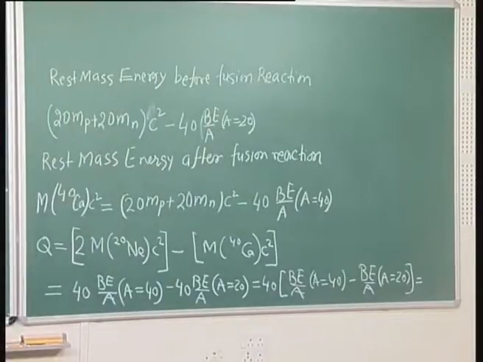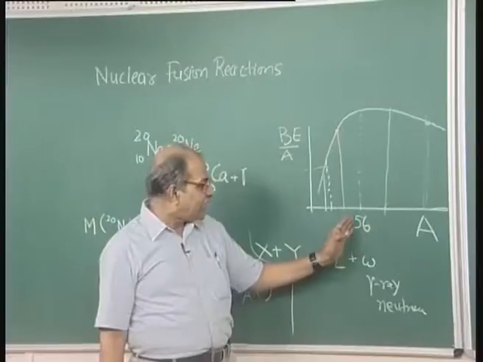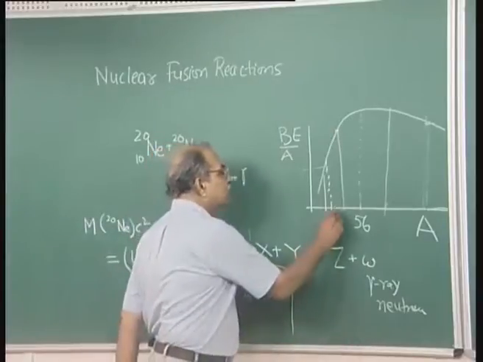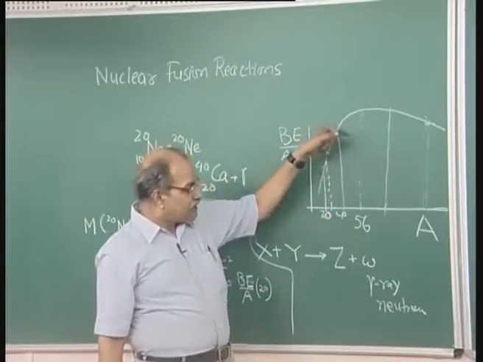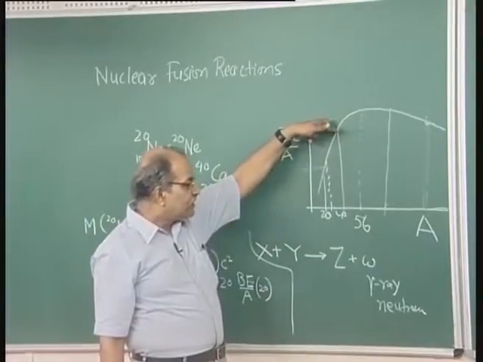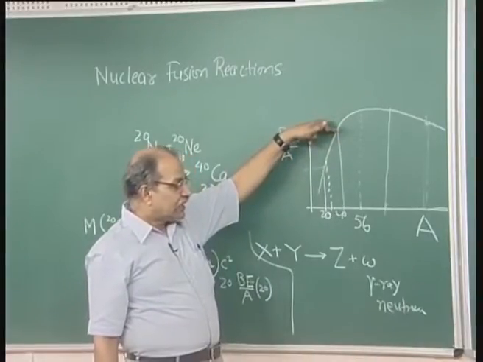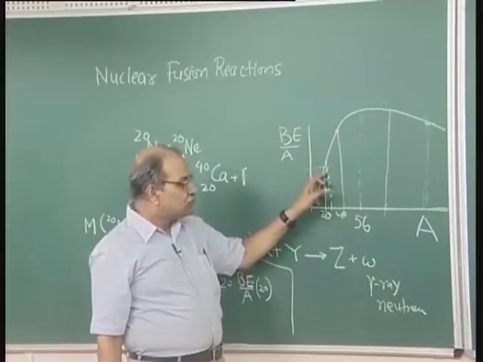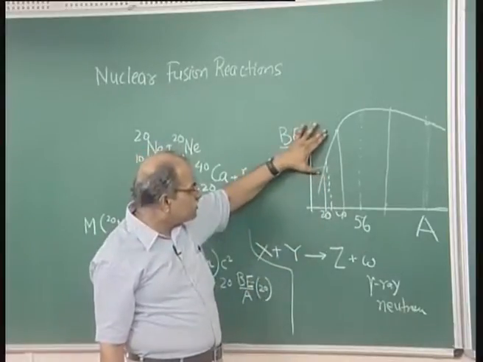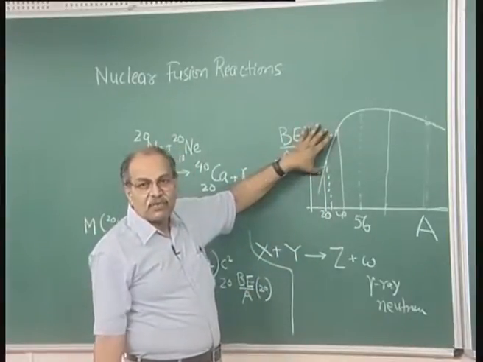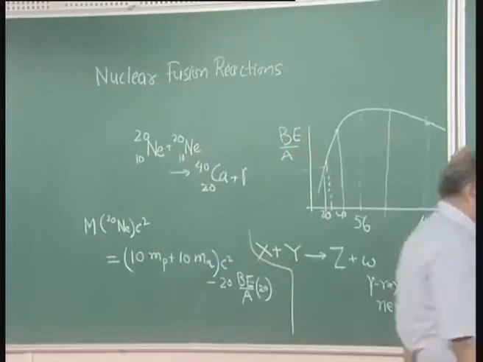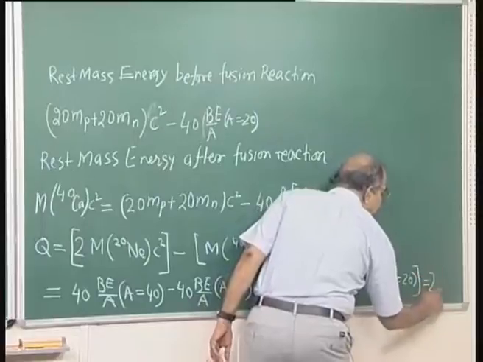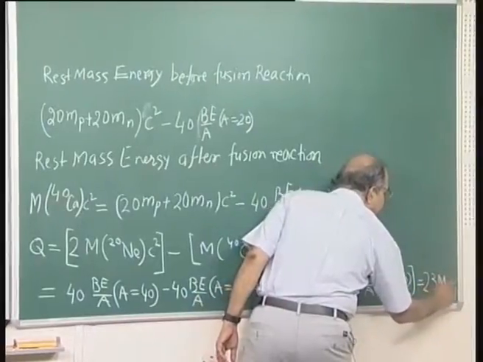And since the binding energy per nucleon at A equal to 40 is larger, and the binding energy per nucleon at A equal to 20 is smaller, this difference multiplied by 40 is positive, and this turns out to be about 23 MeV in this case, mega electron volts.